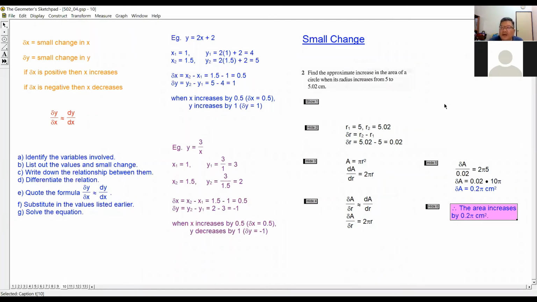And the small change in A is 0.2 pi. If you don't believe, because you are not supposed to use a calculator in this question, but let's say you use a calculator.